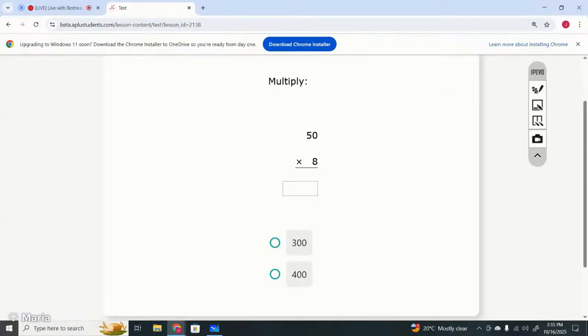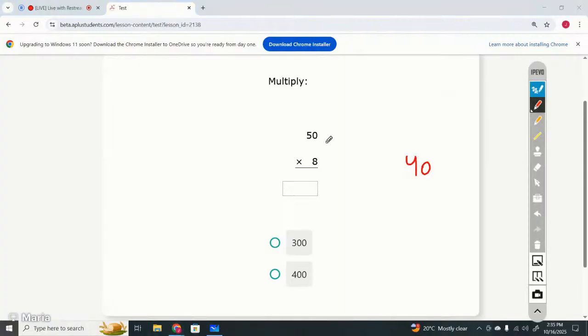Fifty times 8. So you have to do 5 times 8 is 40. Then add another 0. So that is 400.